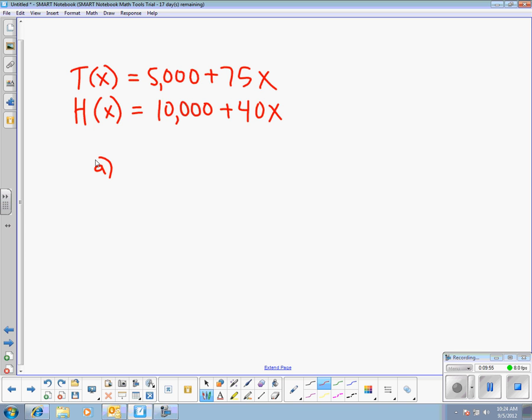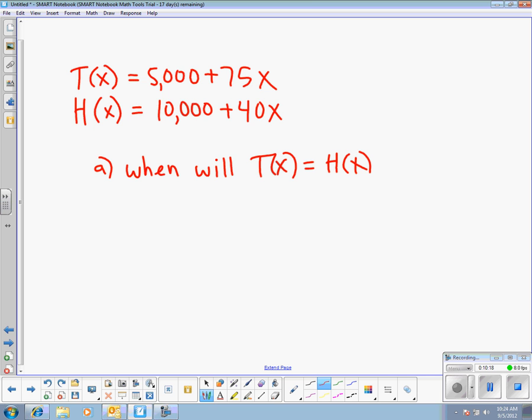The truck is cheaper, but it costs more to drive for months. So an example question would be, how many months until the cost to drive the truck has outweighed the cost to drive the hybrid? Or when will T of x equal H of x? When will the two costs be the same?